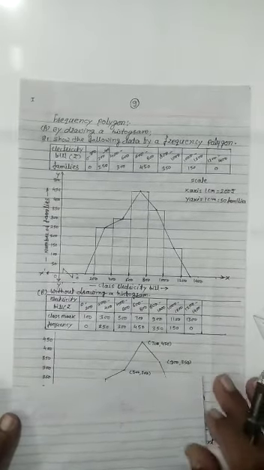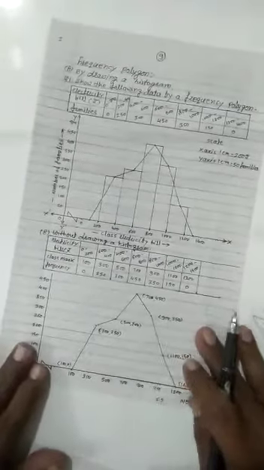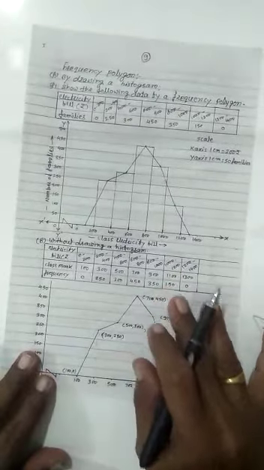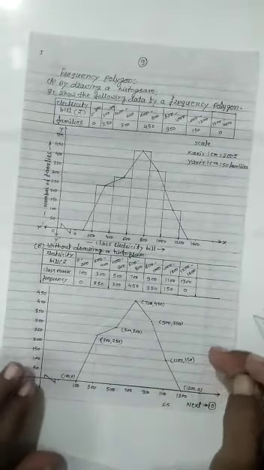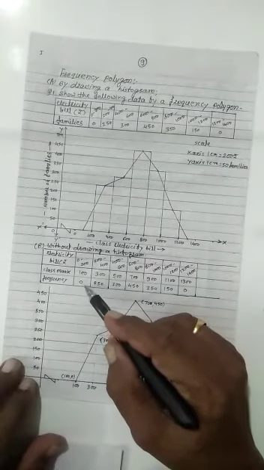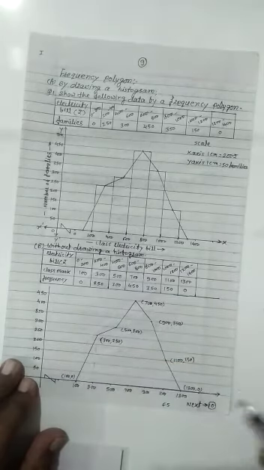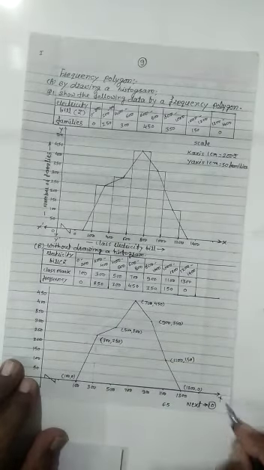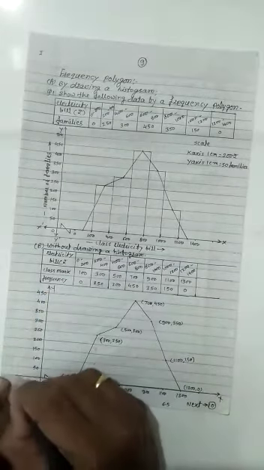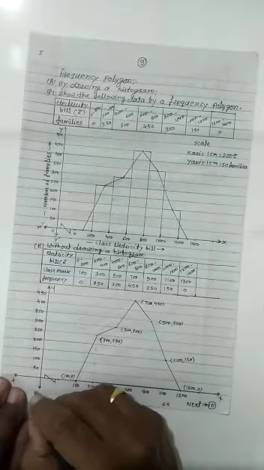Draw the frequency polygon. See, in this example the table is given here. Now in this table we must find the class marks first. Then we use the class mark and frequency, and take a point in the xy plane, here x and this is y, the xy plane, here x dash, here y dash.